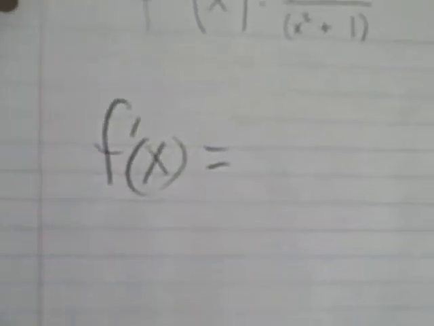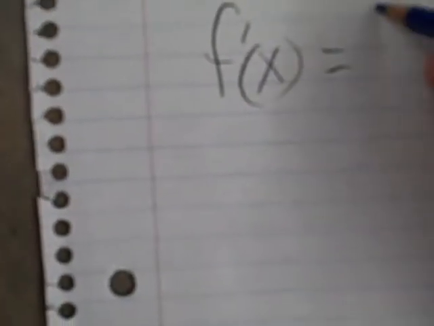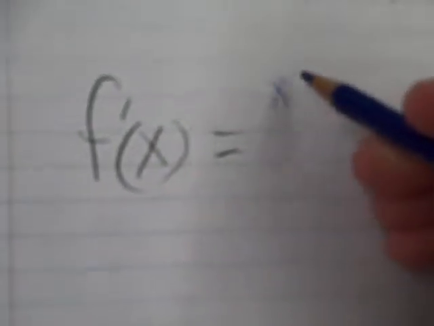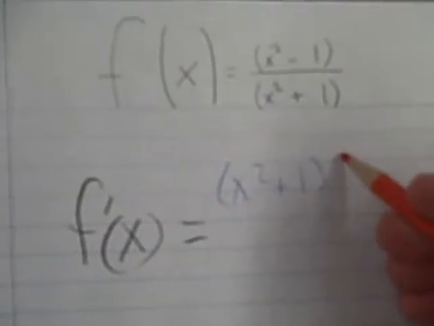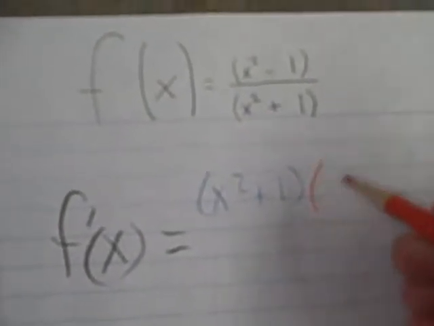F prime of x equals the bottom, which is x squared plus 1, times the derivative of the top, which, if we bring the 2 down in front of the x and the derivative of a constant is 0, is 2x.